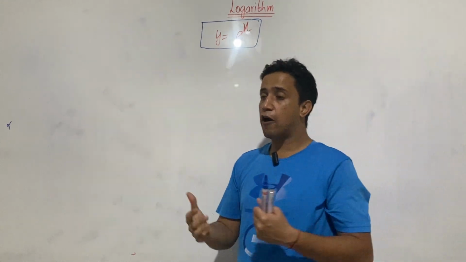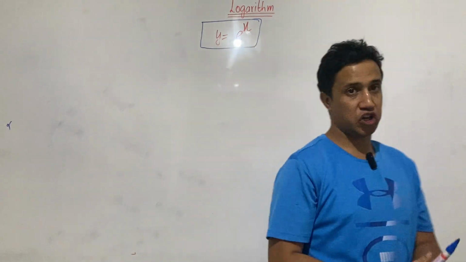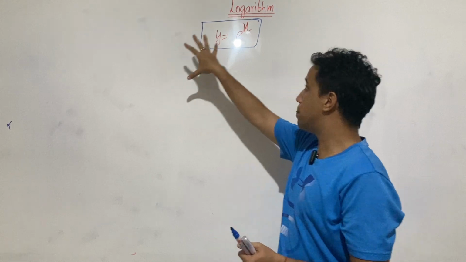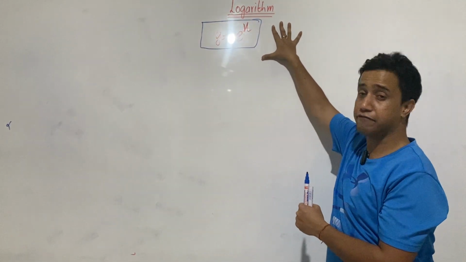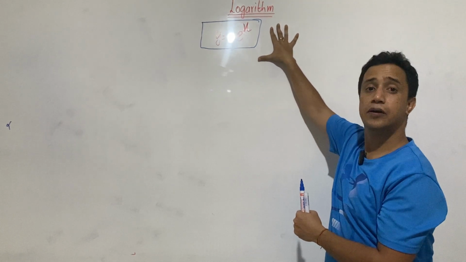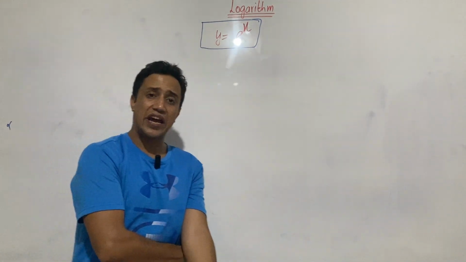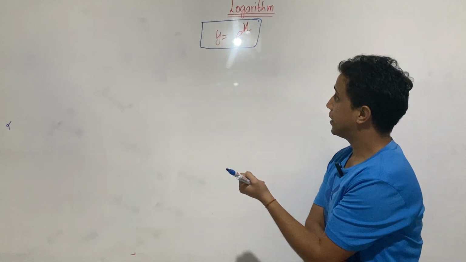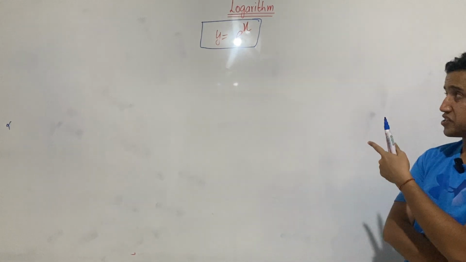Now, I will start this session by saying that this specific exponential function has been created by calculus. There is no way that it could have been created by algebra. Why am I saying that?